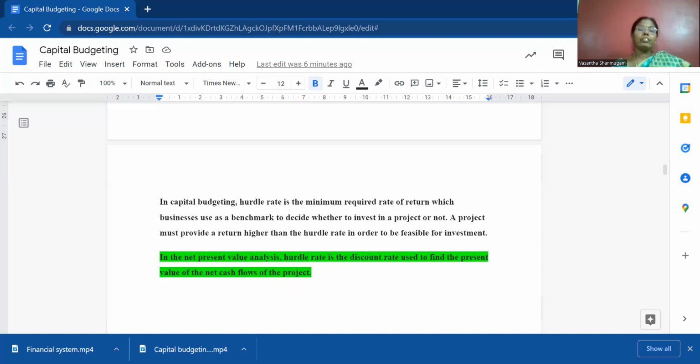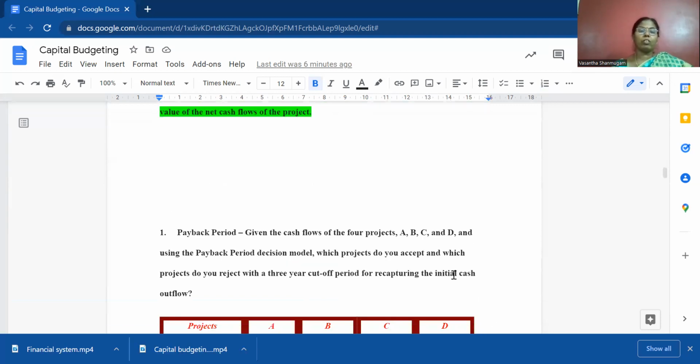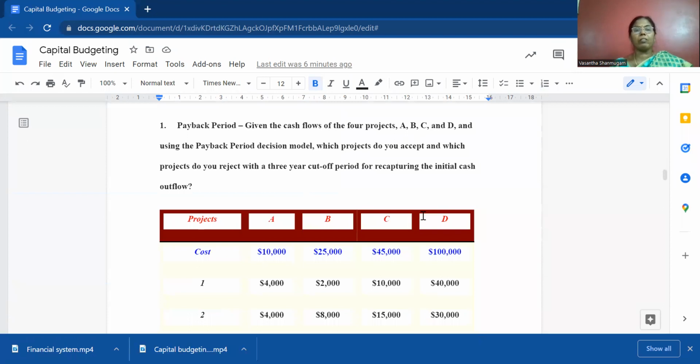Next, I think we can move here. Another example is given, this also we can discuss. Payback period: given the cash flow of 4 projects, A, B, C, D, and using the payback period decision, which project do you accept? Which project do you reject with a 3-year cutoff?